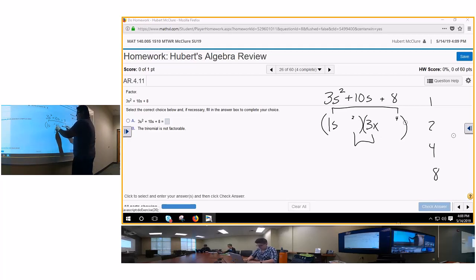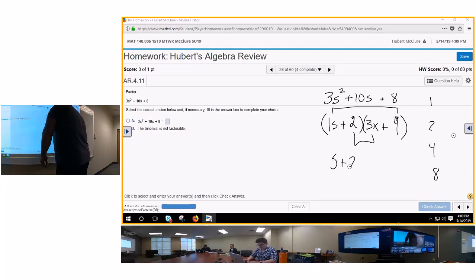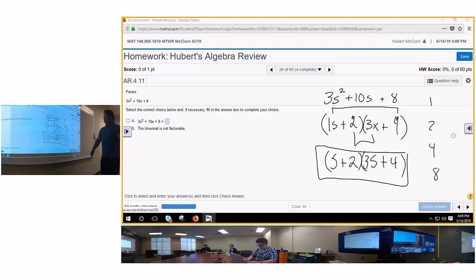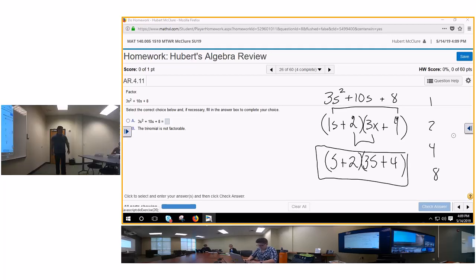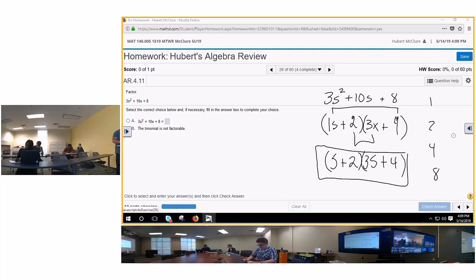Well, 4 and 6 give me a 10. You're supposed to say yes. Y'all suck. Plus 2, plus 4. So s plus 2 and 3s plus 4 should be your answer. So make sure you know how to use the reverse FOIL method. Pronounce it however you would like.